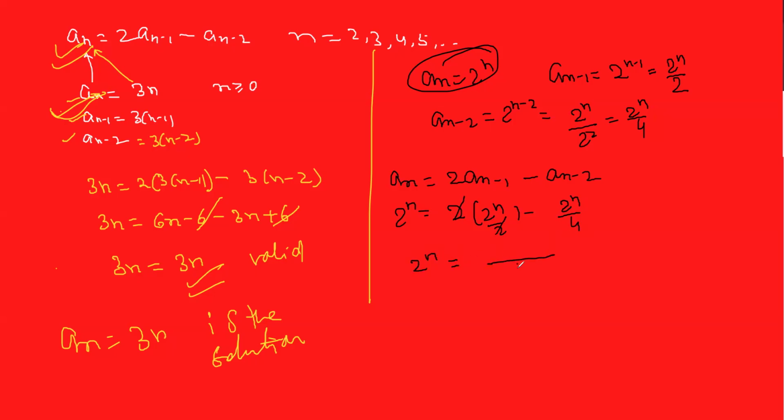Do cross multiplication. 4 into 2 to the n minus 2 to the n. 4 minus 1, right, is 3. But both sides cannot be equal, right? 4 times 2 to the n is equal to 3 times 2 to the n. This is not equal, right? Invalid. So this cannot be a solution, right?